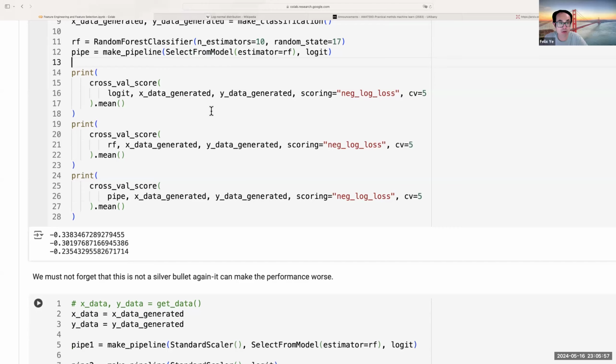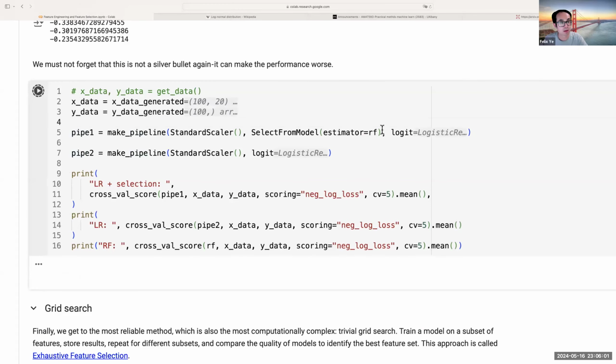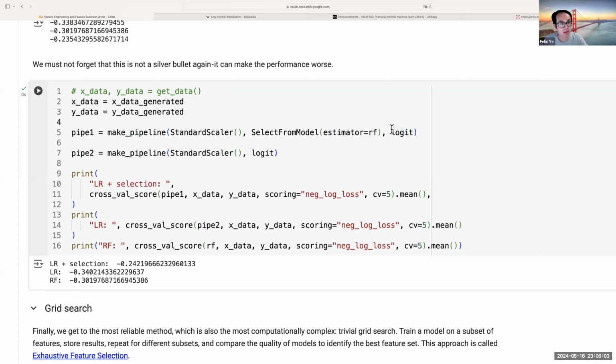Okay, and you can also use lasso if you need it. But this is not always true, because sometimes it might make performance worse. This is one good example.